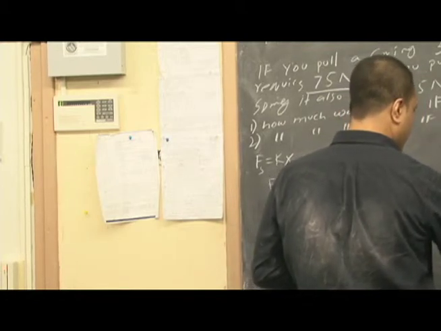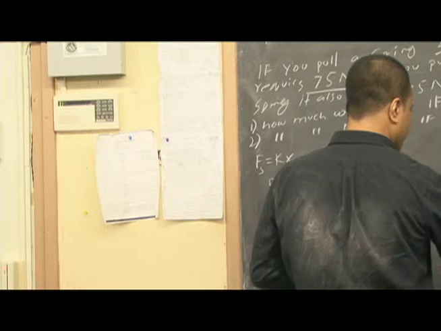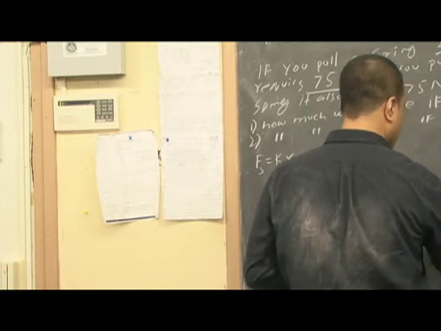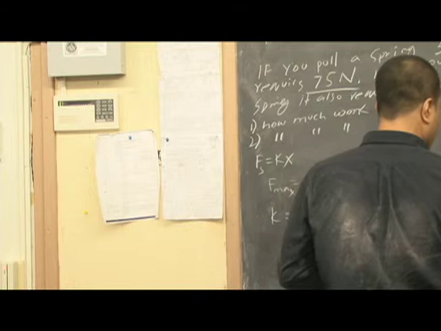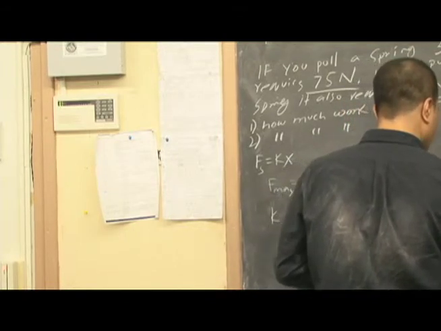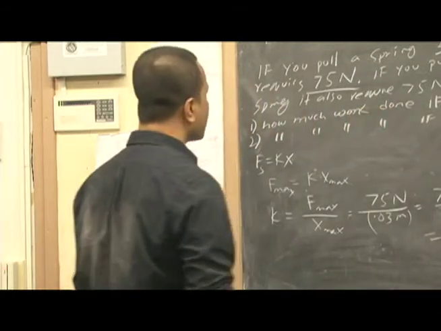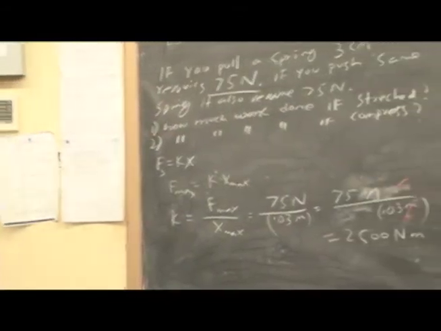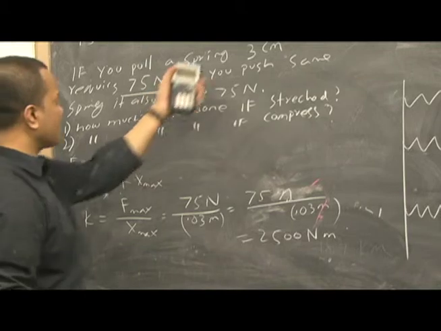We're not gonna cross that out. We're gonna say this is Newton and this is meter. So 2500 Newton per meter.